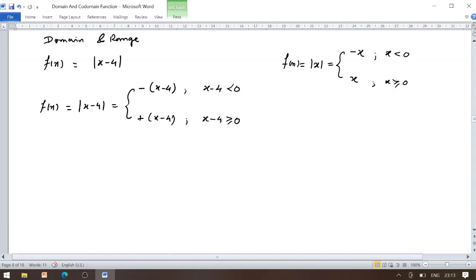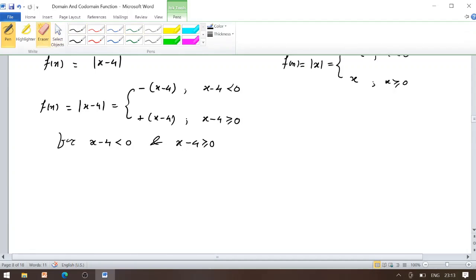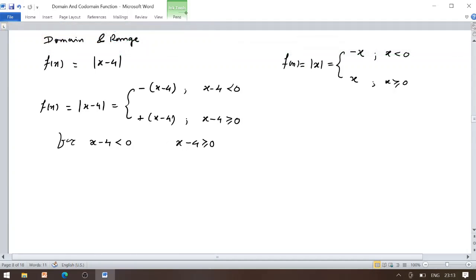So the given function has a domain where x minus 4 is strictly less than 0 or x minus 4 is greater than or equal to 0. We do not use the word AND there. We have two conditions, either the first one or the second one, so we consider the union, meaning the OR.